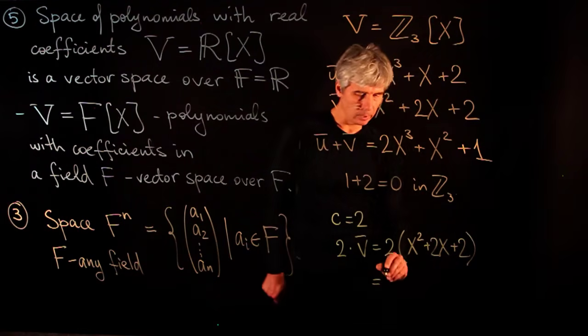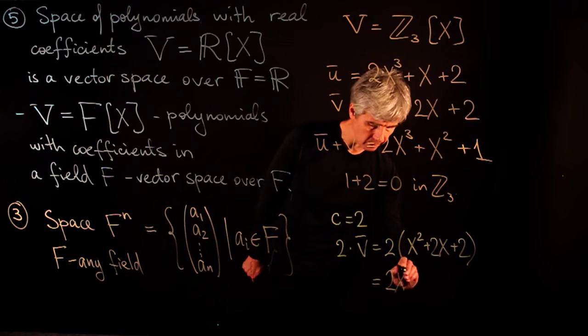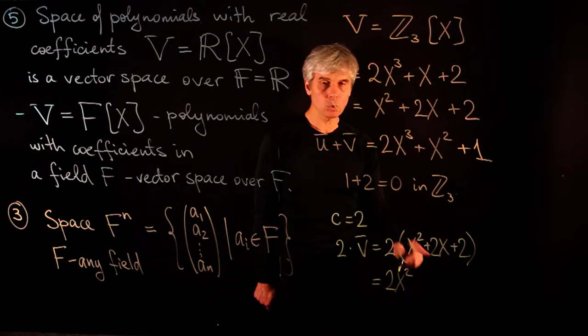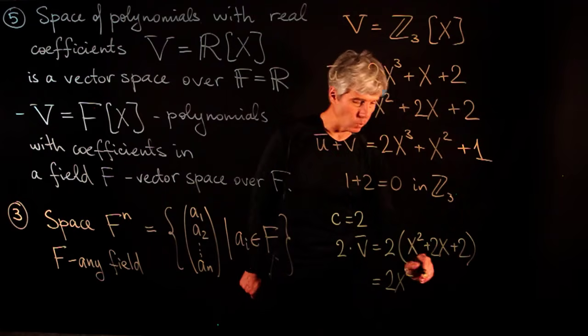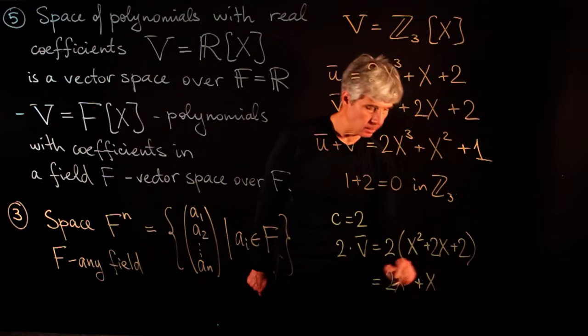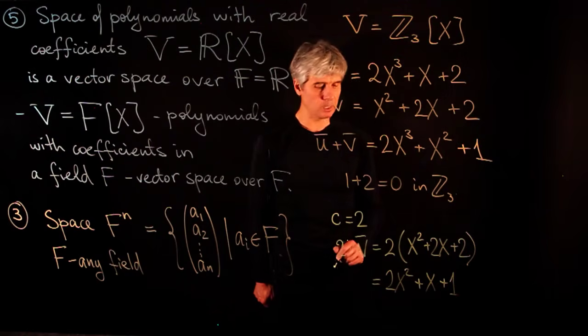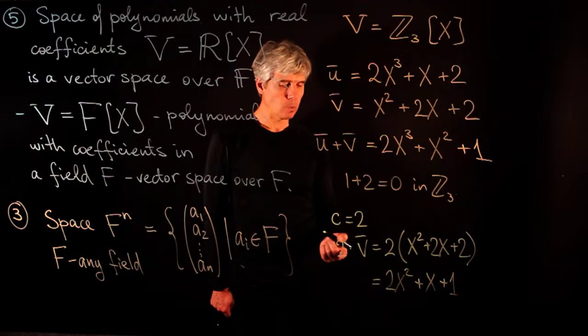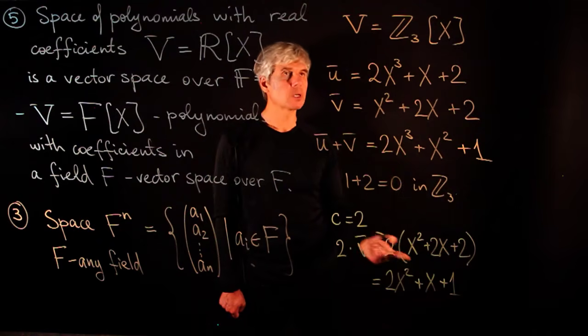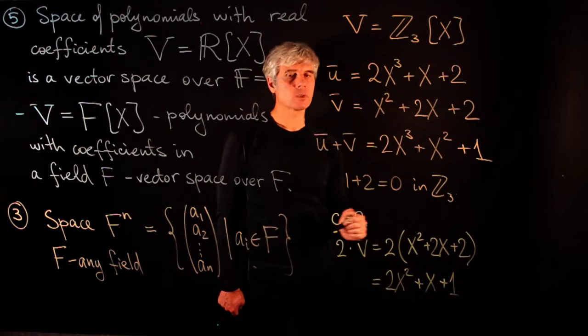And the result will be 2x squared. And then 2 times 2, that's 4, but in Z3 this is 1. So this will be x. And again, 2 times 2 is equal to 1. So we get plus 1. So this is how multiplication by scalars works in this context.